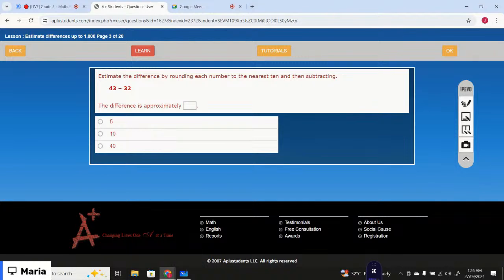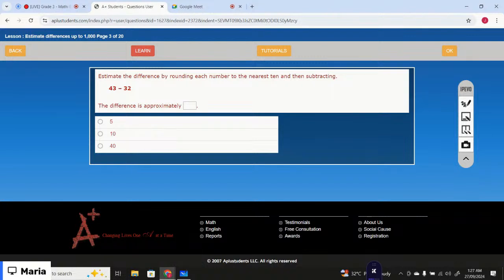Estimate the difference by rounding each number to the nearest 10 and then subtracting 43 minus 32.